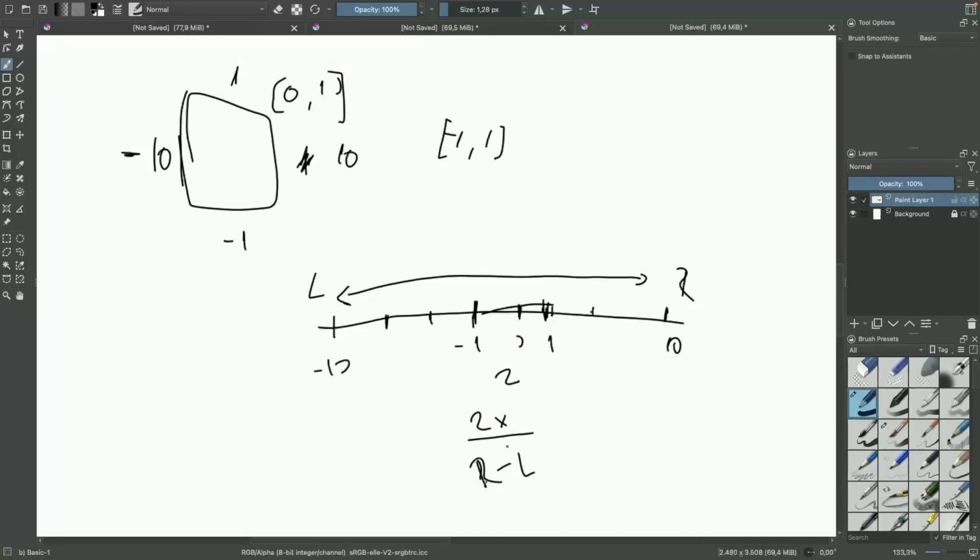We say 2x over right minus left, which gives us the scale of our world from left to right, and that's it. That already solves a big part of this projection.